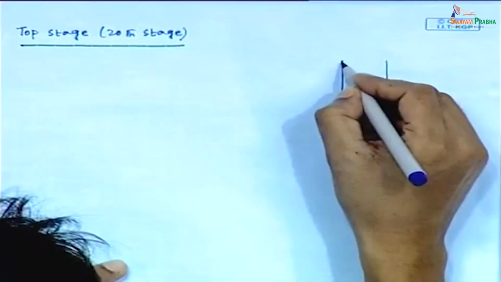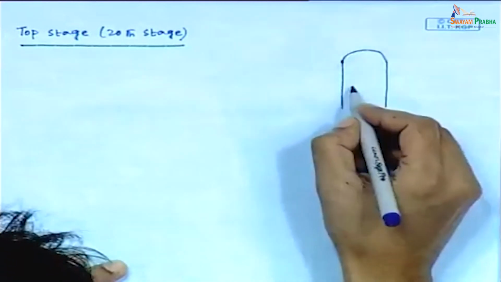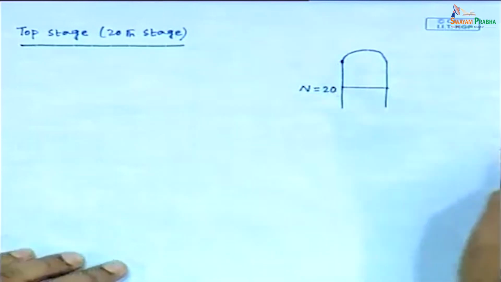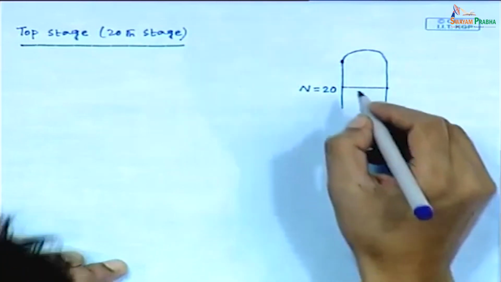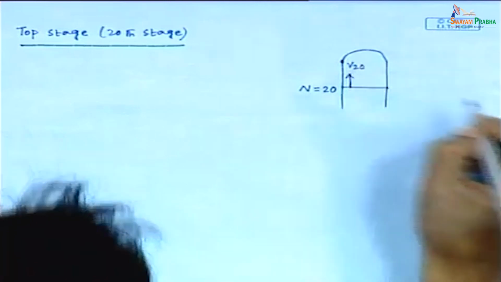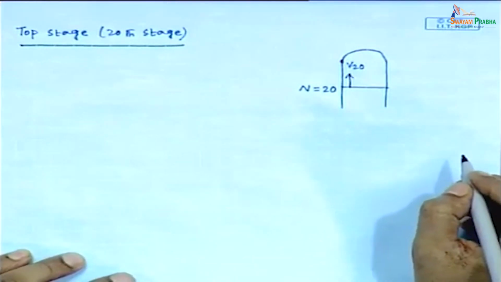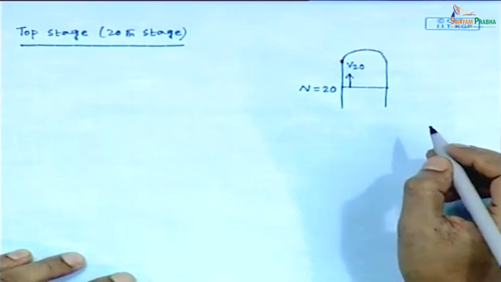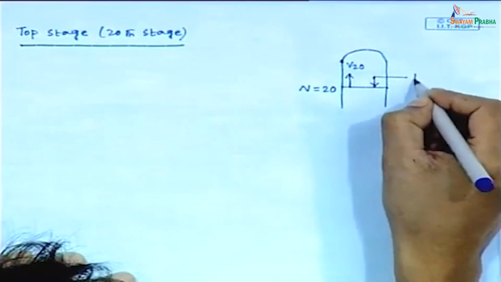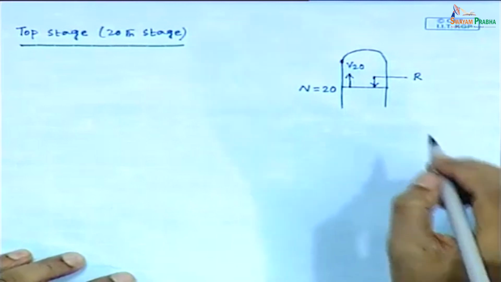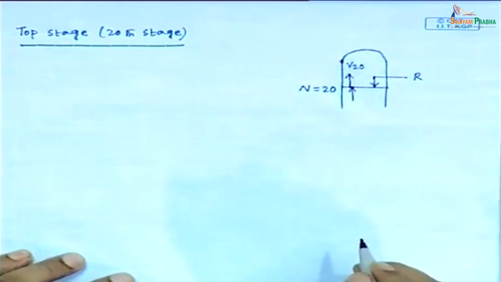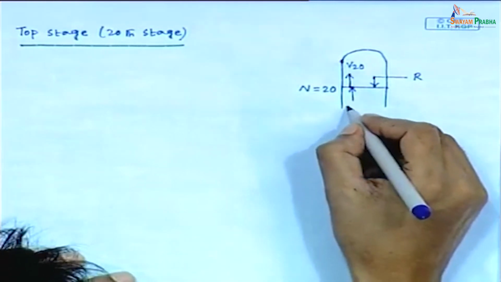So, this is the top section of the column and this is the 20th stage, so n equals 20. Now, the vapor which is leaving this top stage is V20. What is the incoming stream to this stage? One is reflux R and another one is the vapor stream coming from the 19th stage, that means V19.